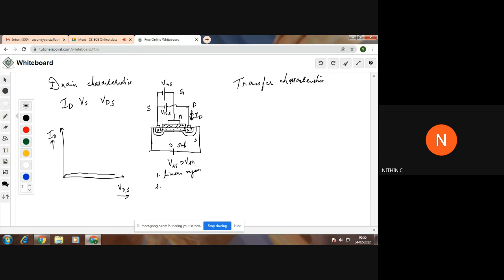So when VGS equals VTH, until this point there will not be any current. Okay, VGS is equal to VTH എന്ന് പറയുന്ന point വരെ there will not be any current. Only when VGS is more than VTH you will be having current. So the first line that I draw, that will be along the x-axis itself. ഈ ആക്സിസിൽ തന്നെ ഉള്ള ഒരു ലൈൻ ഉണ്ടാവും.